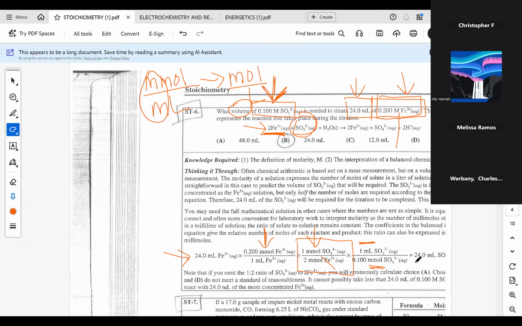So we're not really doing anything different. We're just going to end up in milliliters instead of liters at the end. So for my last coefficient, I'm going to divide, the millimoles will cancel, and I end up with my volume in milliliters. So nothing's really different than what we've practiced in class. It's just that instead of converting to liters, they kept it in milliliters.